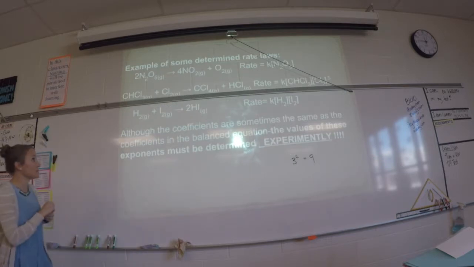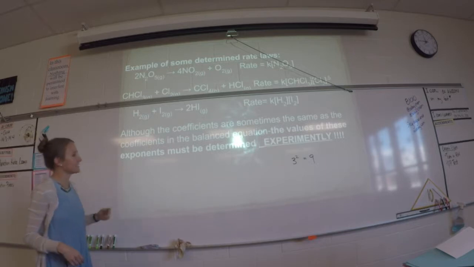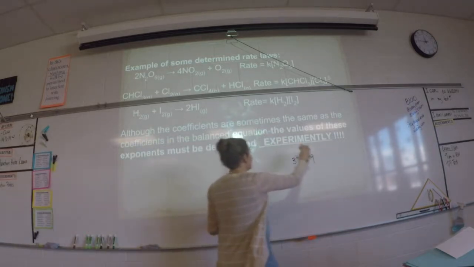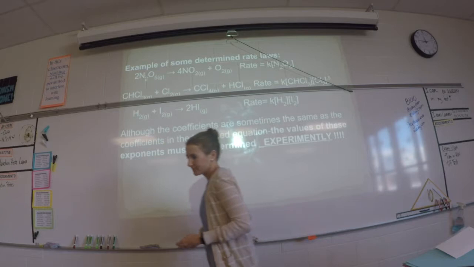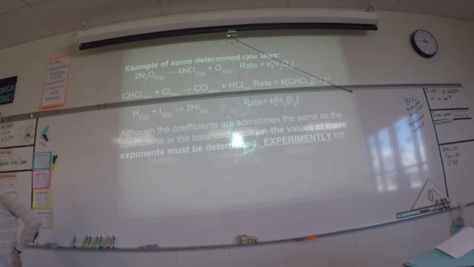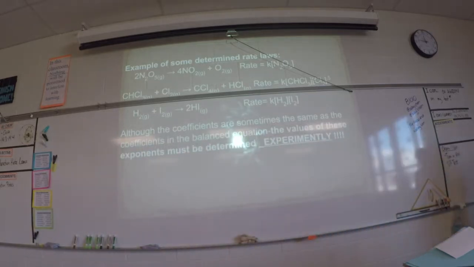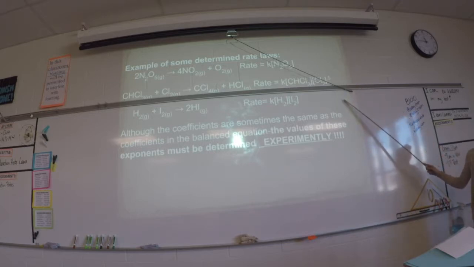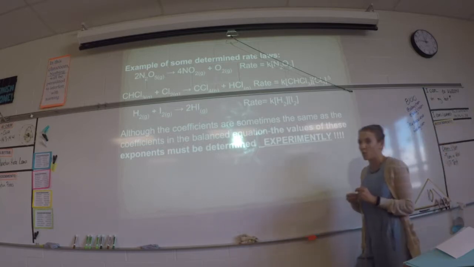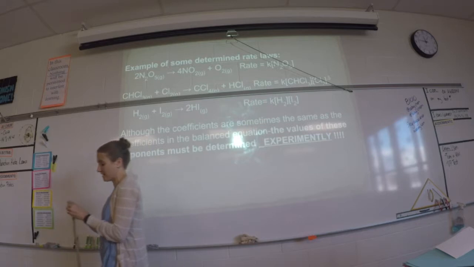All right, so let's look at a few examples. Take your pencil and let's write some things off to the side of these example equations. For the first blank, write what is the overall rate order for each of these three reactions.